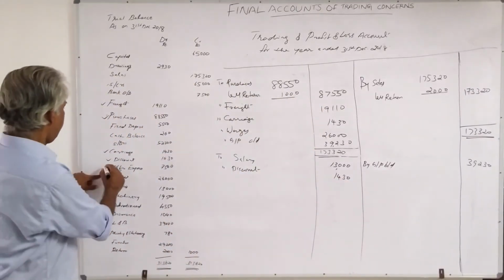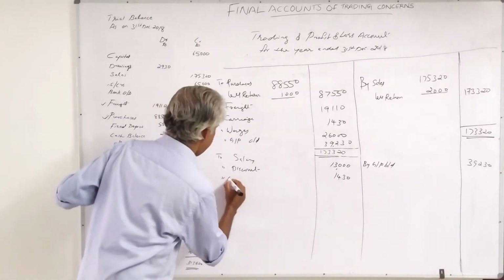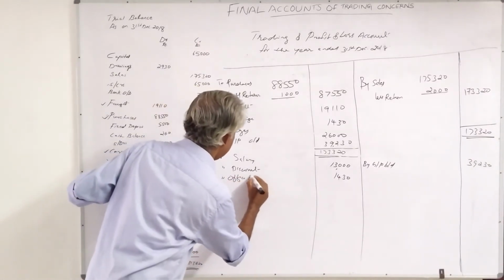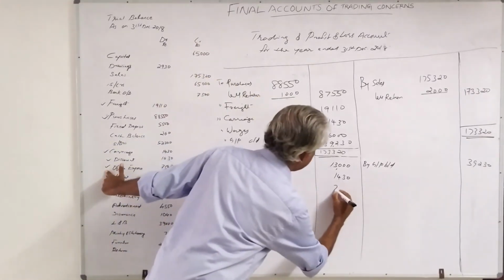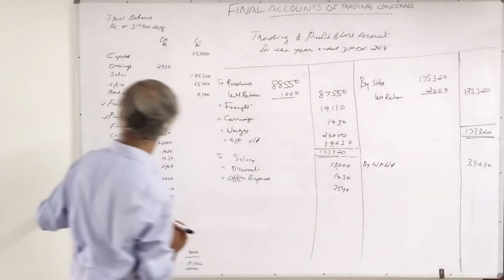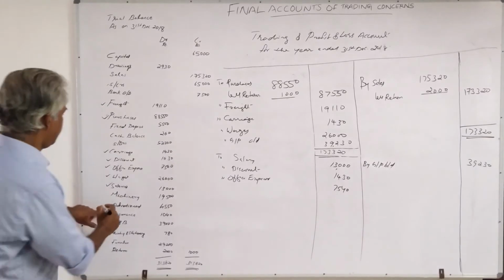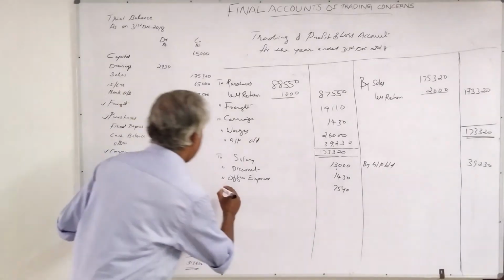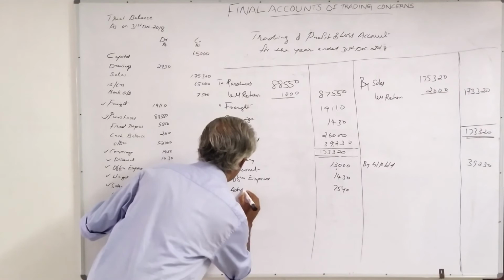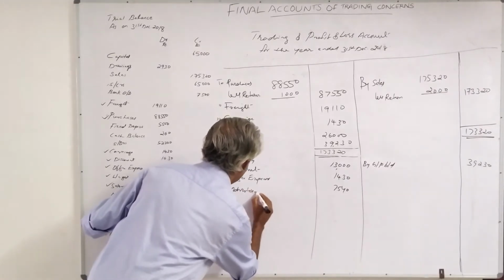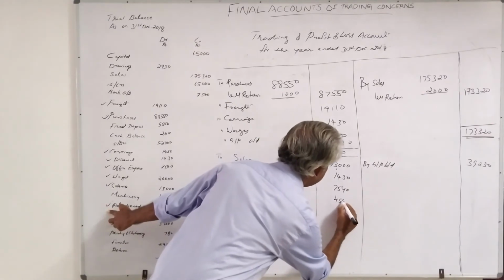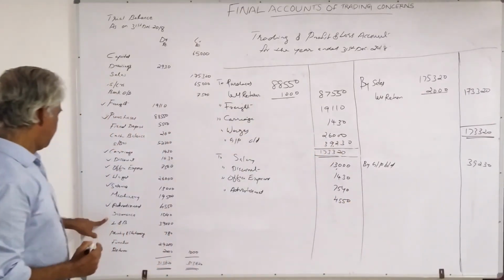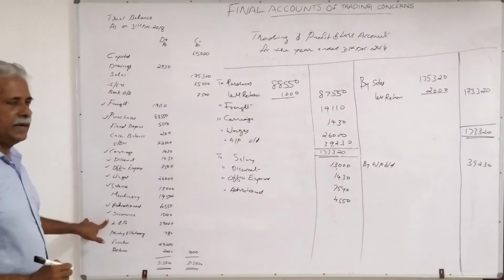Then office expenses, indirect expense. To office expenses, 7,540. Then advertisement, indirect expense. To advertisement, 4,550. Then insurance, that is also an indirect expense.